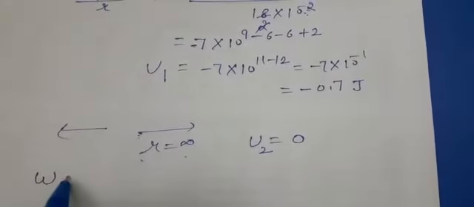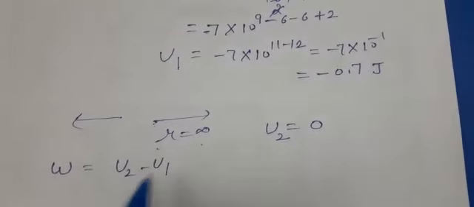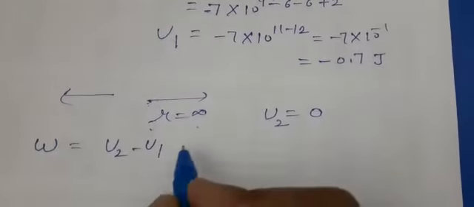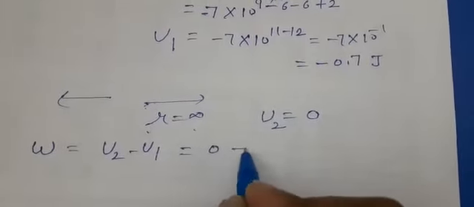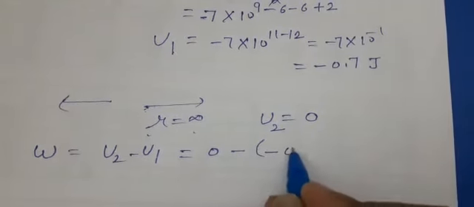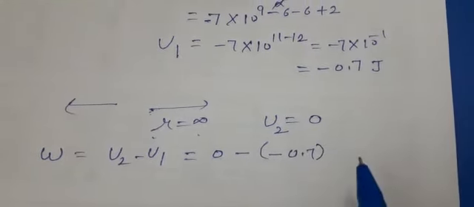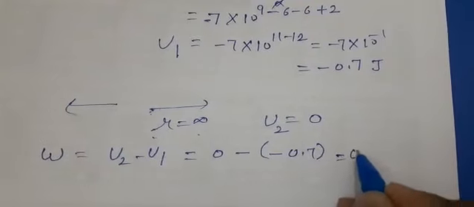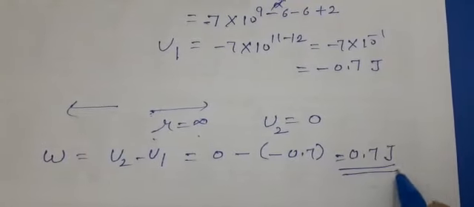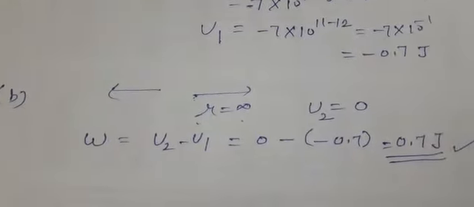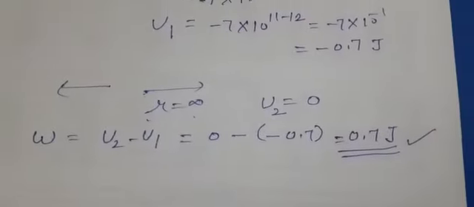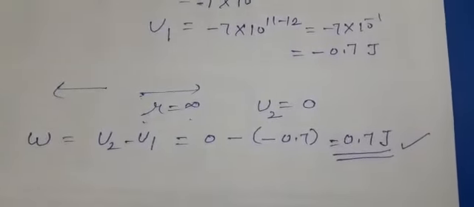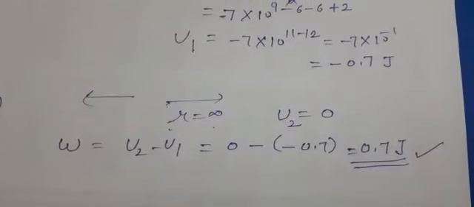So work required will be U2 minus U1, potential energy final minus initial. So it will be 0 minus the initial, which is -0.7, so it will be 0.7 joule. This is the B part. Here, this is the work required to separate the two charges to an infinite distance apart.